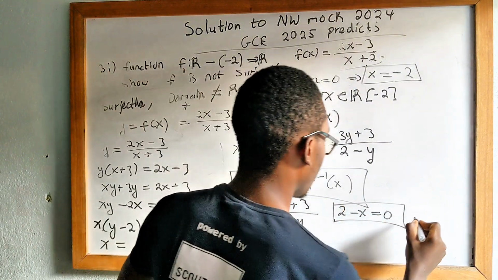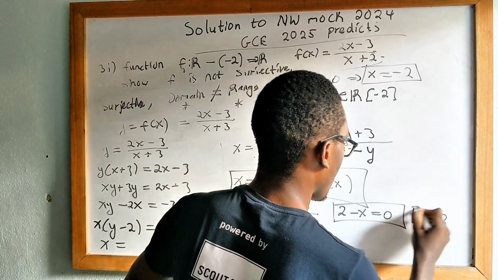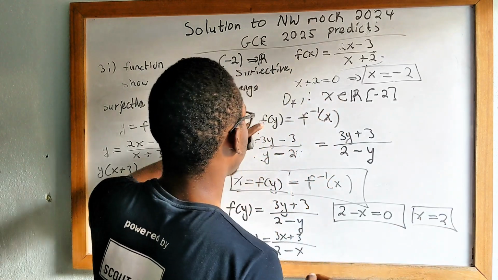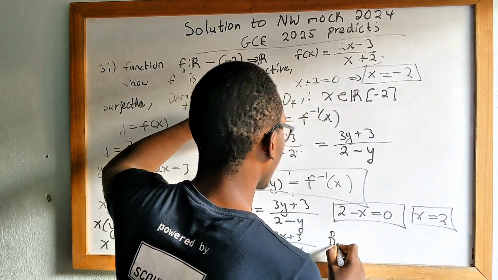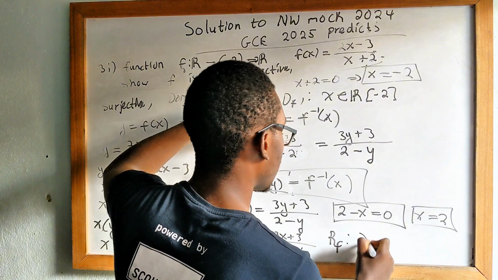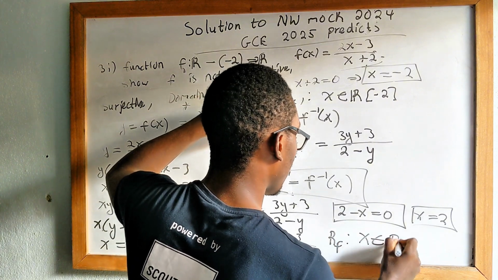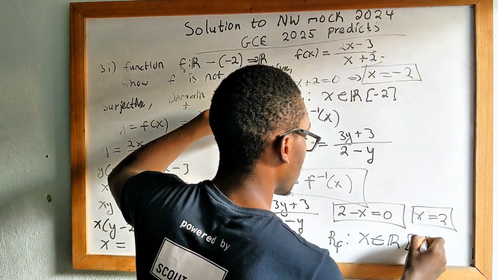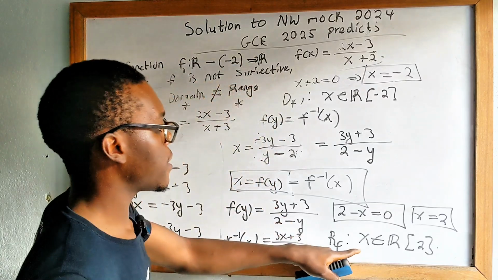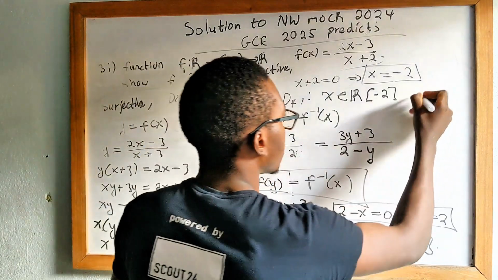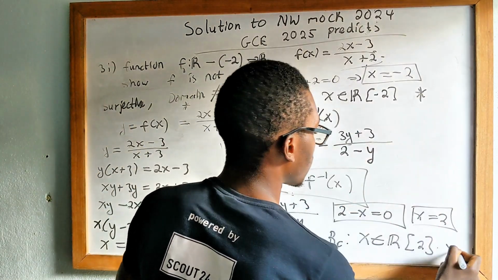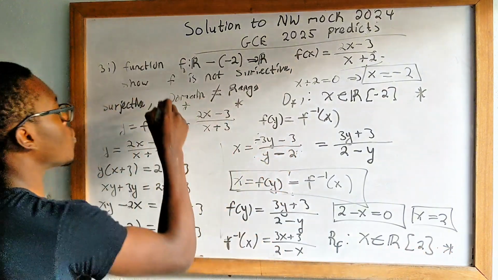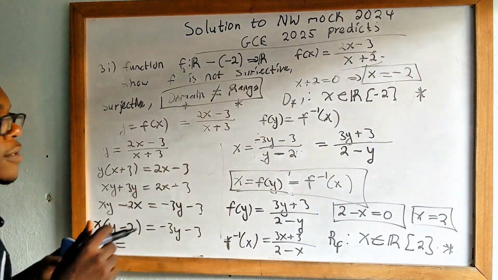Hence, x is equal to what? Hence, the range of f will be such that x belongs to the set of real numbers excluding 2. Hence, the range is not equal to the domain. Hence, the function f of x is surjective.